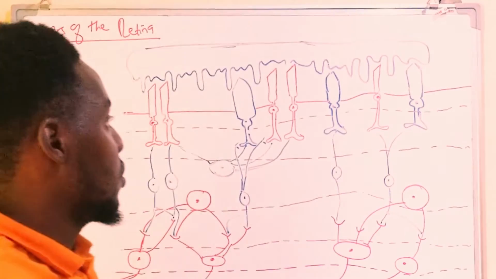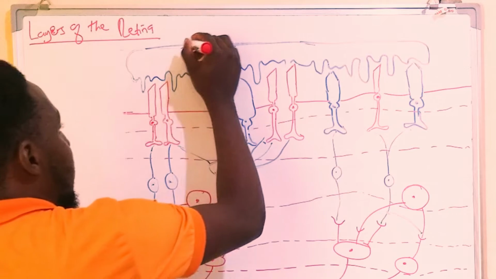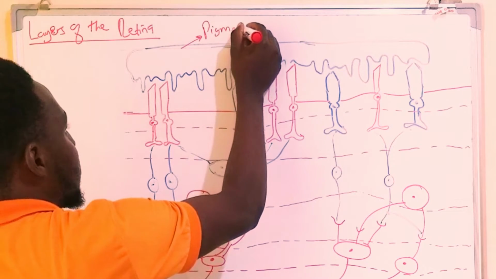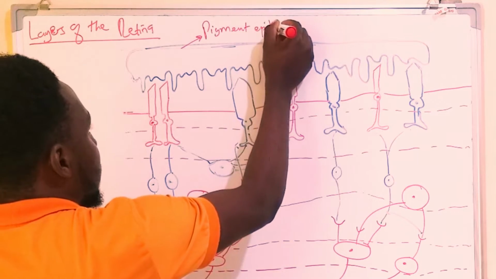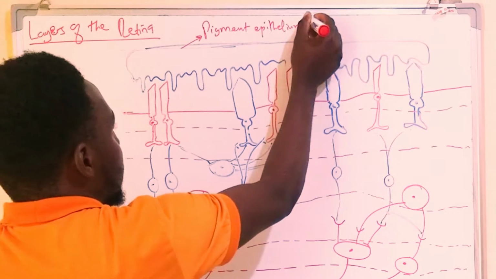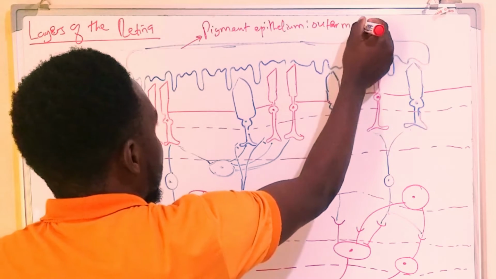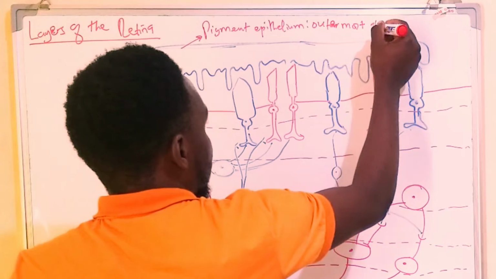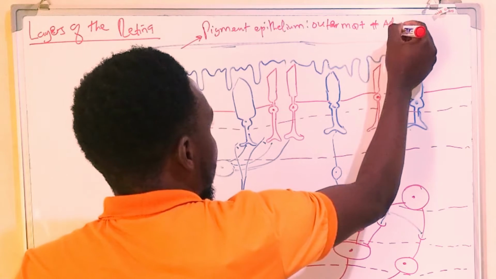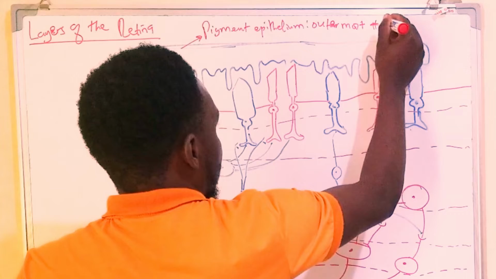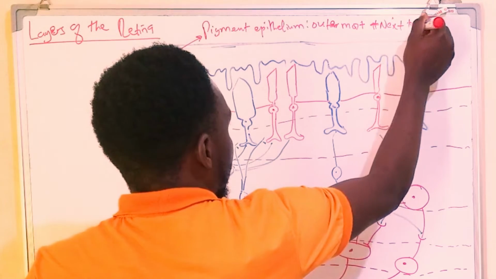The first layer we're going to talk about is the pigmented epithelium, or the pigment epithelium. This is the outermost layer. It's adjacent to the choroid, so let us put it next to the choroid.